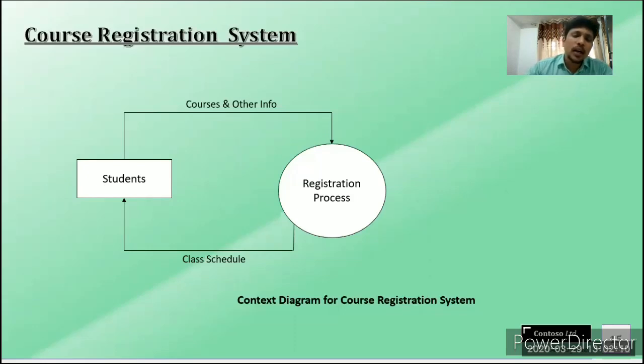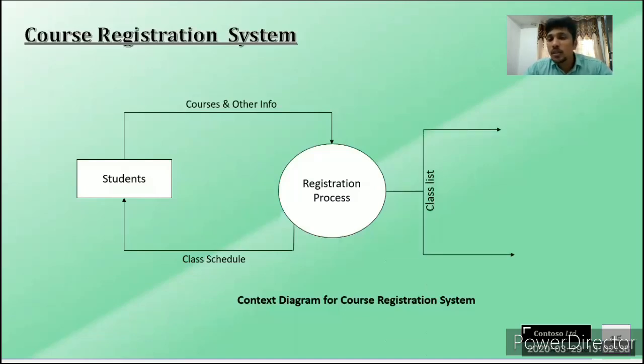After the registration process, once they are admitted, the office staff or administrators will provide the class schedule to students. That's a normal process, right? The class schedule comprises the timetable, which professors will take which subjects, etc.